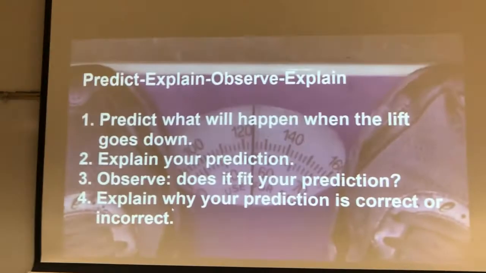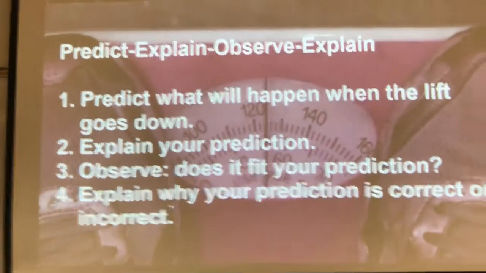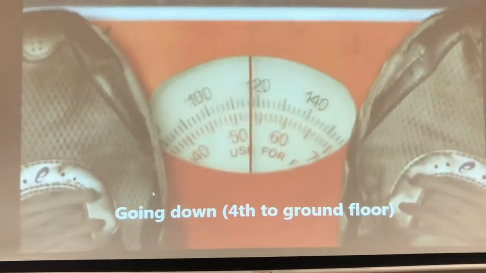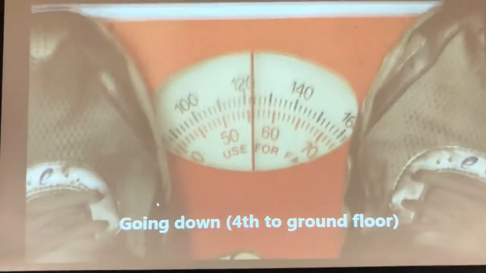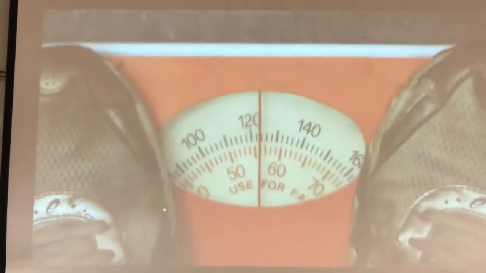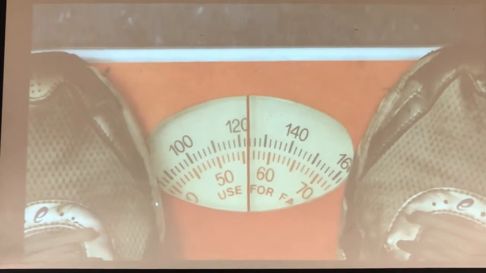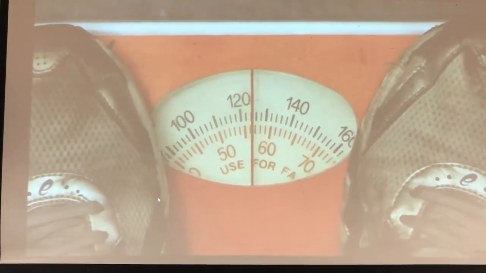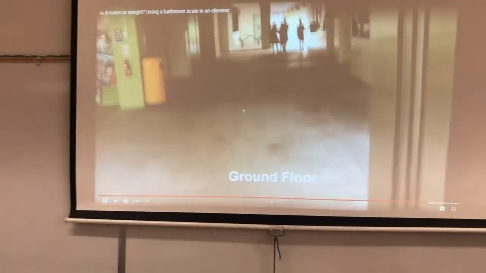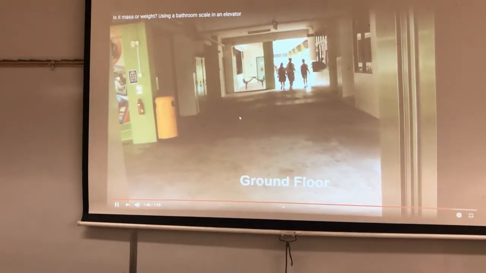What's going to happen to the numbers? 124 going down. Oh! 118. It's like you lost weight. Back to 124. What's going to happen when it stops? 130. Back on the ground floor again.